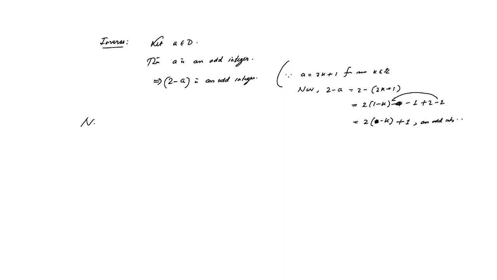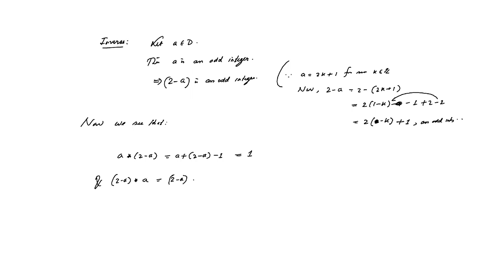So now we see that a star (2 minus a) is a plus 2 minus a minus 1, and that will be 1. And again we check (2 minus a) star a.